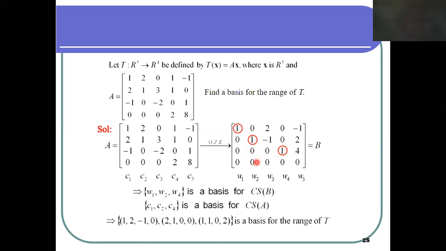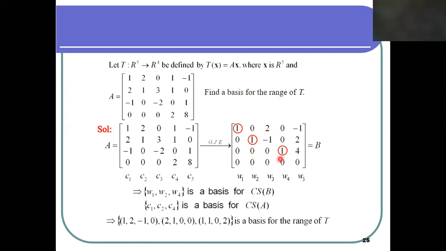If you can look over here, the rank of this matrix is 3, because the number of non-zero rows in the reduced echelon form is called the rank of a transformation. In that case, this is a non-zero row, this is again a non-zero row, this is again a non-zero row, and this is a whole non-zero row.